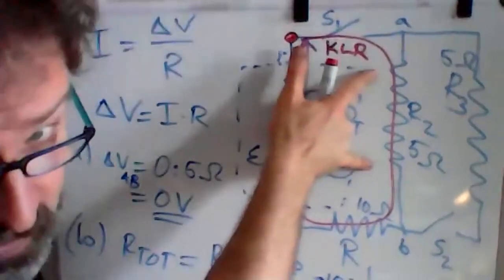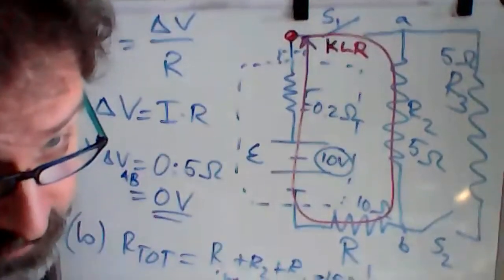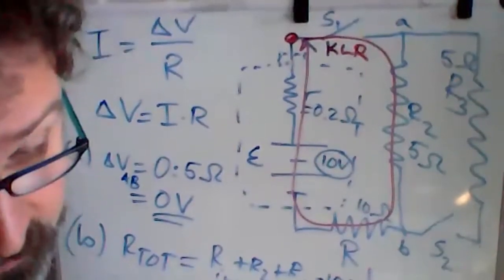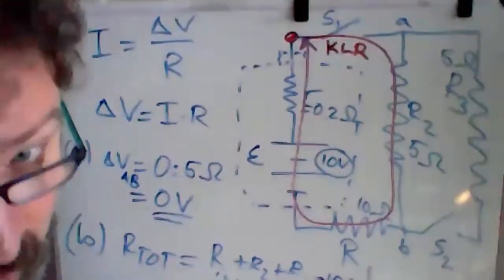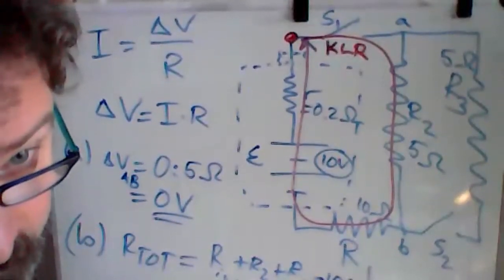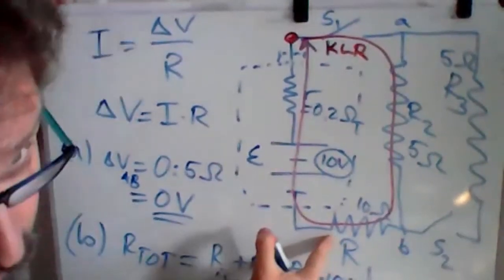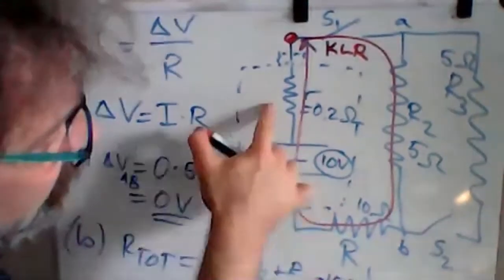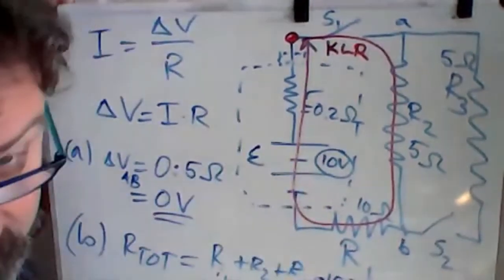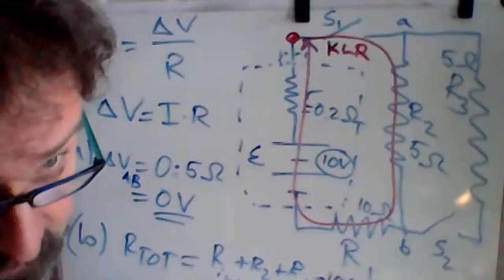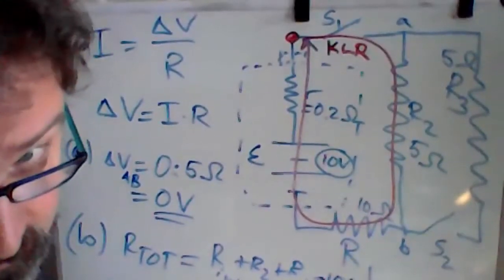What's true of the voltage drop across R2? Smaller. So the voltage drop across R2 is smaller because it requires more voltage to push the current through the two resistors that are in series with the power supply.